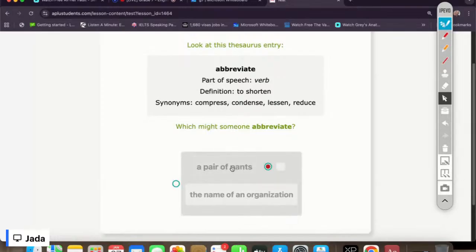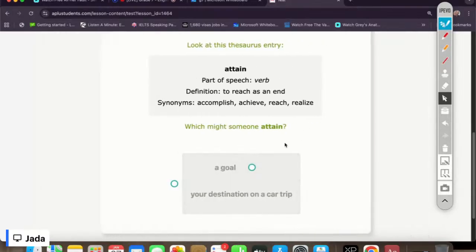So what do we have? Okay. Then we have attain, part of speech verb, to reach as an end. Then synonyms are accomplish, achieve, reach, realize. Which might someone attain: a goal or your destination on a car trip?